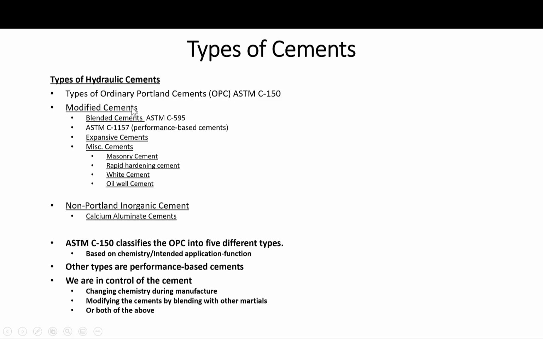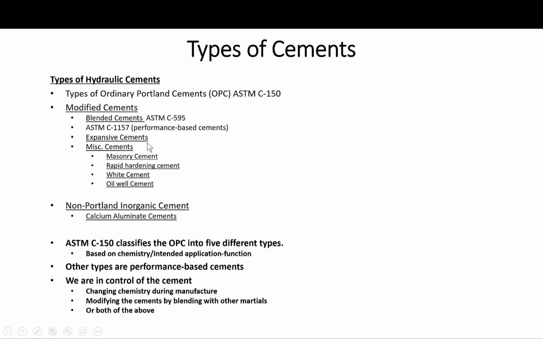We have modified cements. Some of them are the blended cements, according to ASTM C595. We have ASTM C1157, which is performance-based cements. But in general, I said all cements are performance-based. We have the expansive cements, and I mentioned them when I talked about Ettringite.